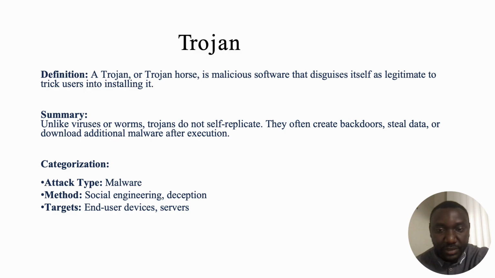They often create backdoors, steal data, or download additional malware after execution. So as an attack type, it is malware. They use social engineering and deception, and they target end user devices and servers.